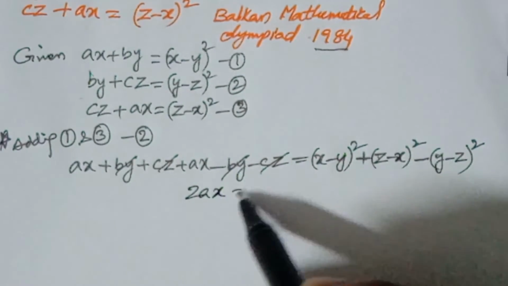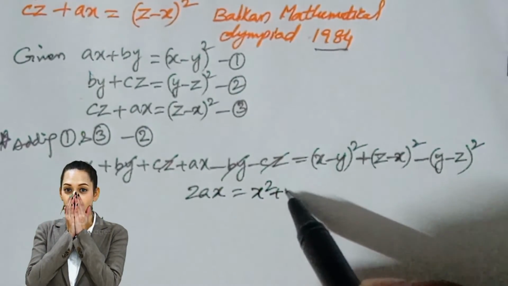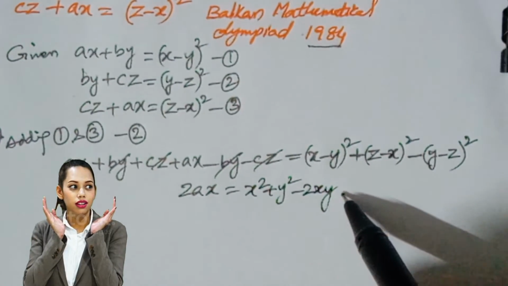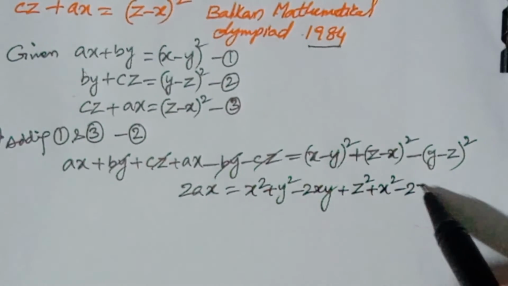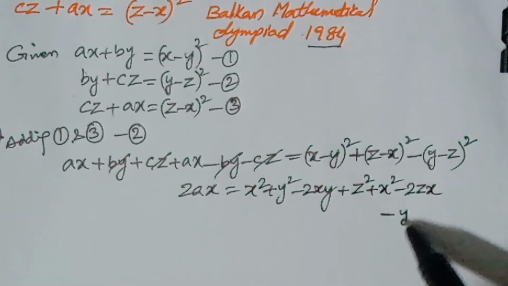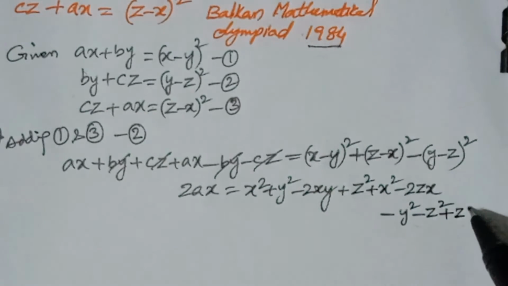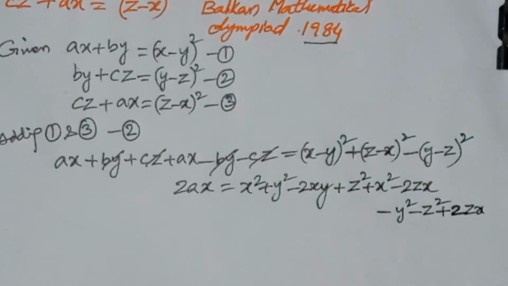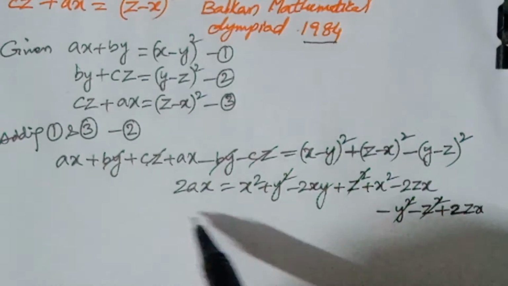So what will we get here? 2ax is equal to, if I expand this, x square plus y square minus 2xy plus z square plus x square minus 2zx minus y square minus z square plus 2yz. Some terms will get cancelled. Y square cancels, z square cancels.